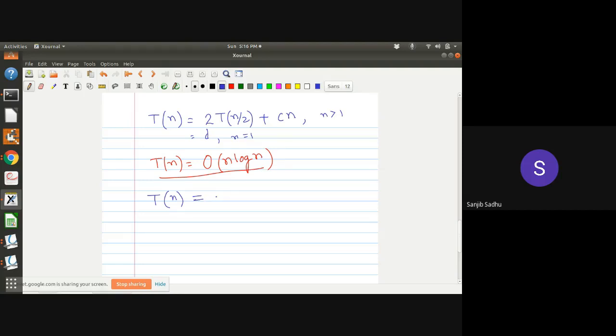Before telling the trick, you tell me what will be the time complexity, meaning what will be the solution for this, say only this C. Sir, O of 1. What will be the time complexity? Sir, O of 1, sir. Yes, sir. Any other?